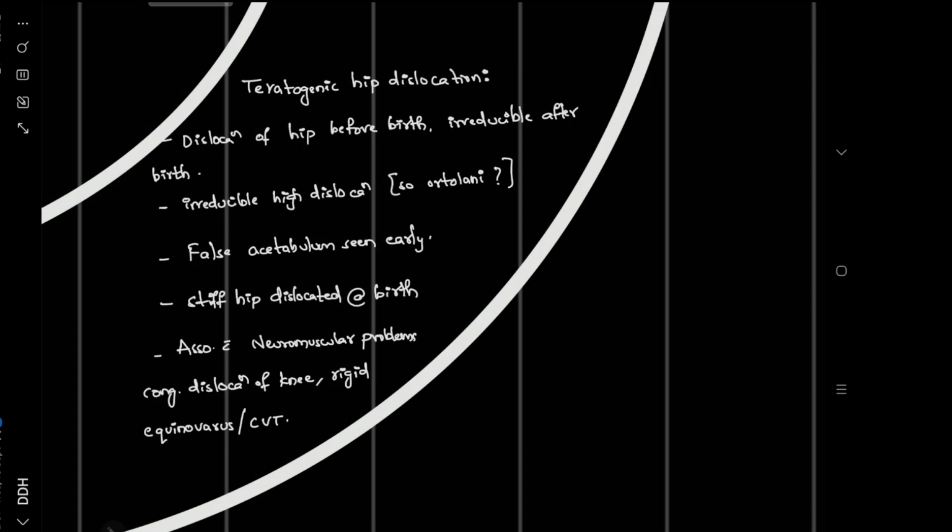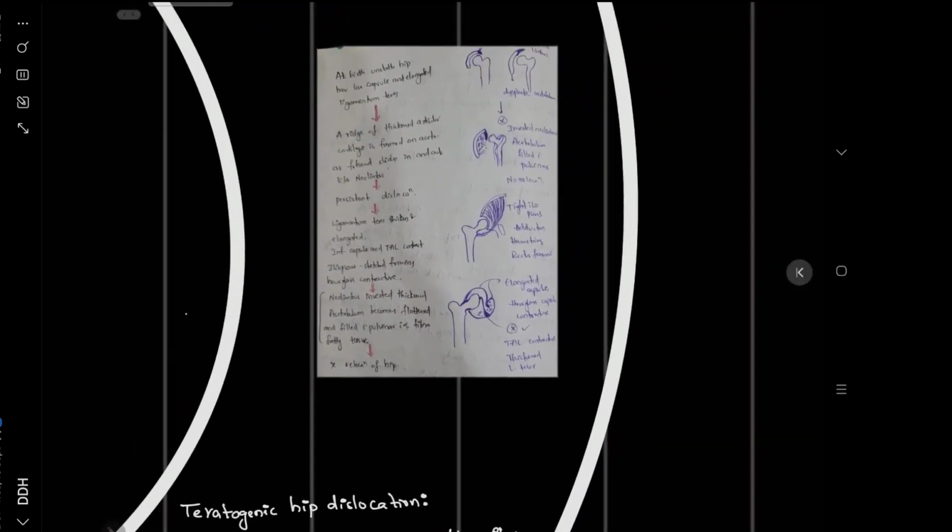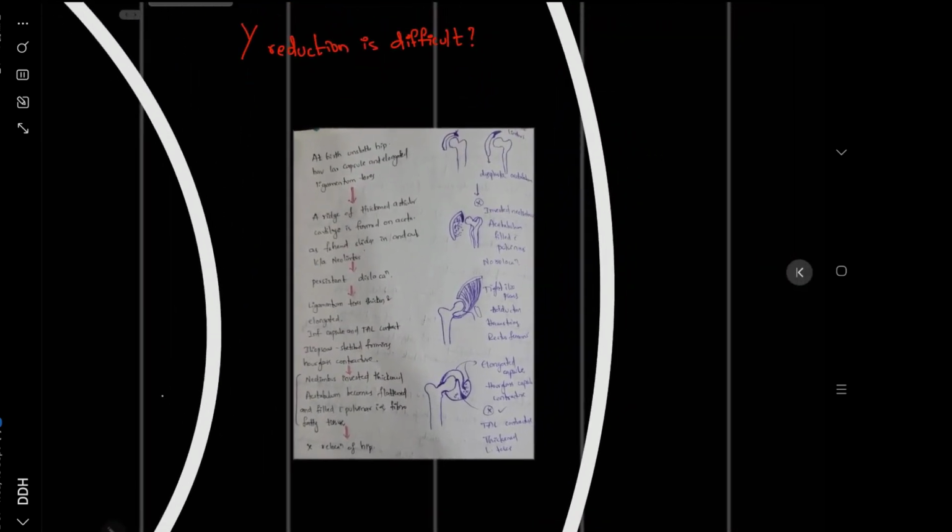So why is there a dislocation and why is it not getting relocated? In order to understand that, we have to understand some things that go on inside the hip joint. At birth, if there is an unstable hip, what actually happens? We also said that the ligaments and capsule have become very lax because of the relaxin hormone, so they become elongated.